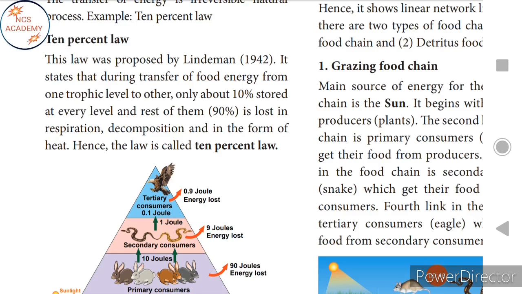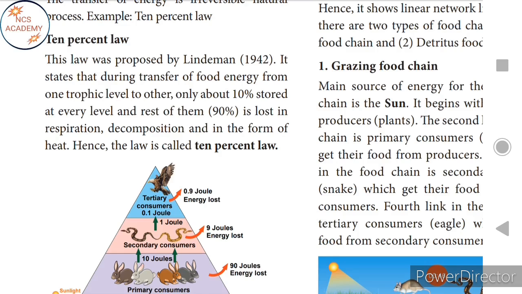Here python and lizards are given, 100 pythons and 50 lizards, so 150. Next, trophic level 4, there are 50 only given. This is omnivores. You have to draw the pyramid diagram like this only.